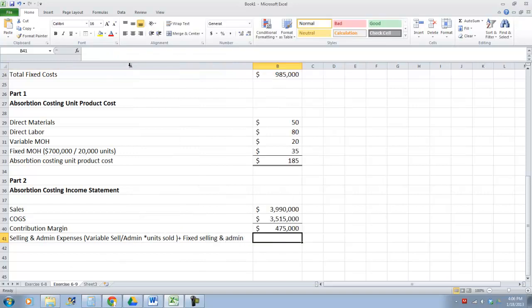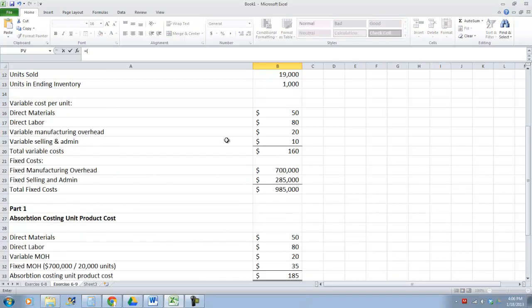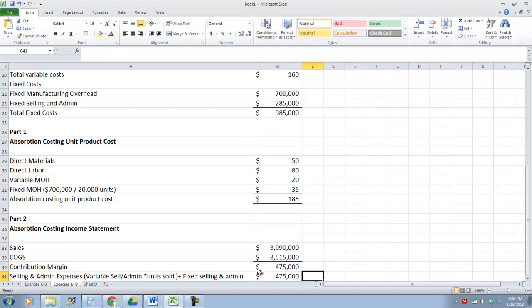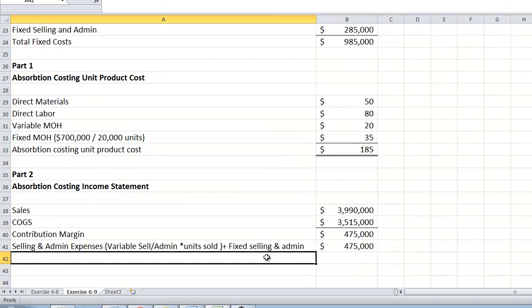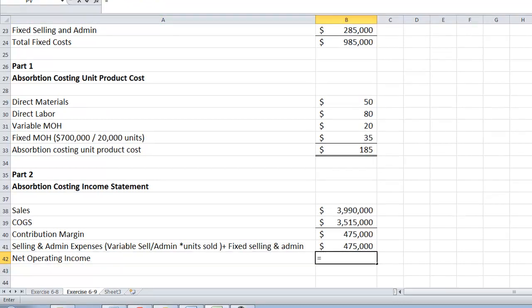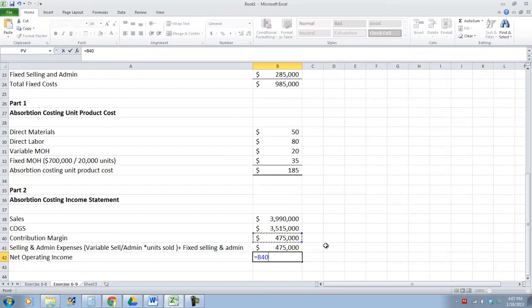So our variable selling and admin is $10 per unit. We sold 19,000 units. Plus we have fixed selling and admin costs of 475,000. So now we must get to our net operating income, and it's 0.